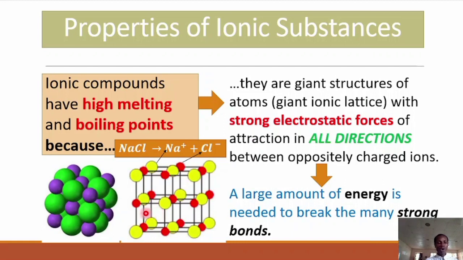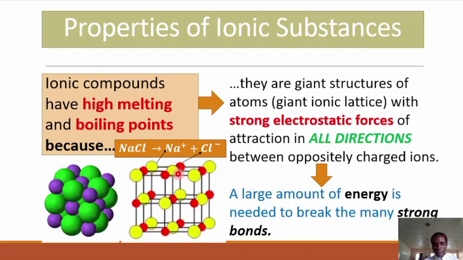All the oppositely charged ions, like the positively charged sodium ion and the negatively charged chloride ion, have a force of attraction holding them together. We have to overcome the forces of attraction holding one ion to the neighboring ion. Therefore, an ionic compound will have a high melting and boiling point.